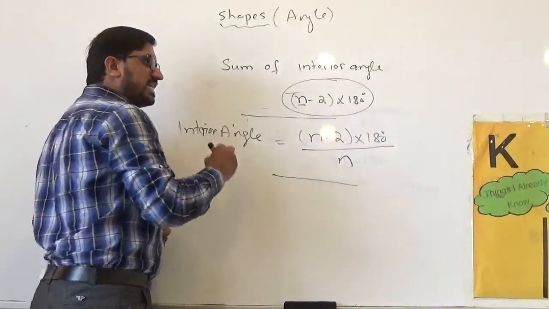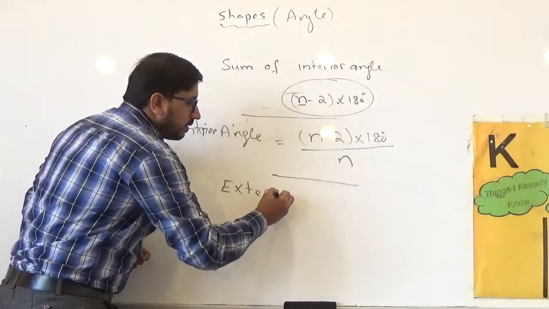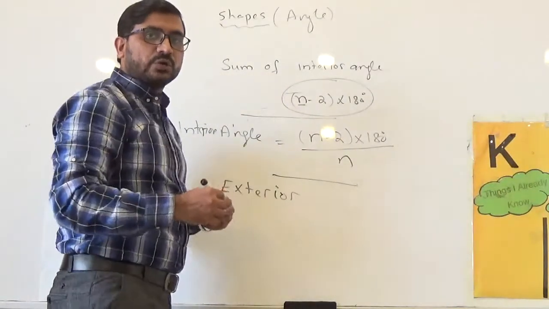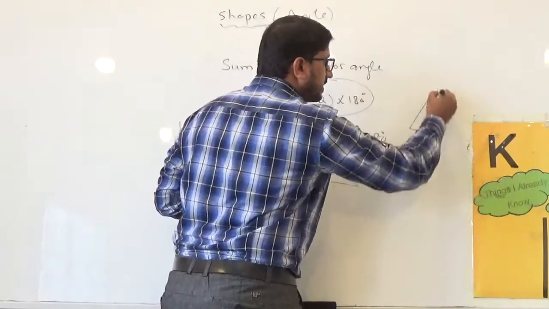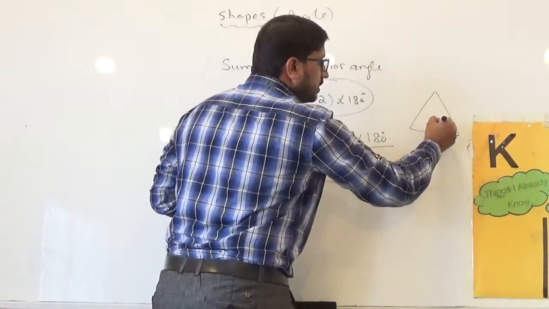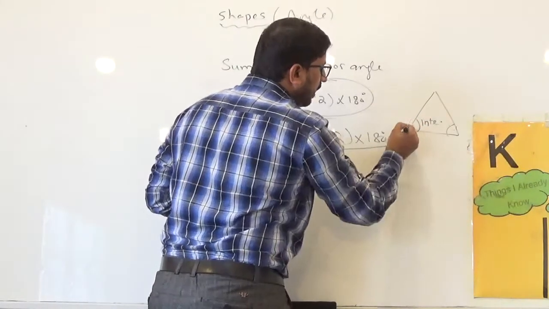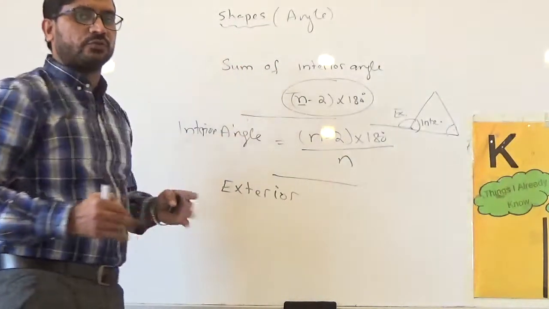And if you are given an interior angle, how can you find the exterior angle? Now you are supposed to find the exterior, outer angle. So what is the exterior angle? Suppose that is a shape, and this is an interior angle. If I extend the line, this one is the exterior angle, the outer angle of the shape.